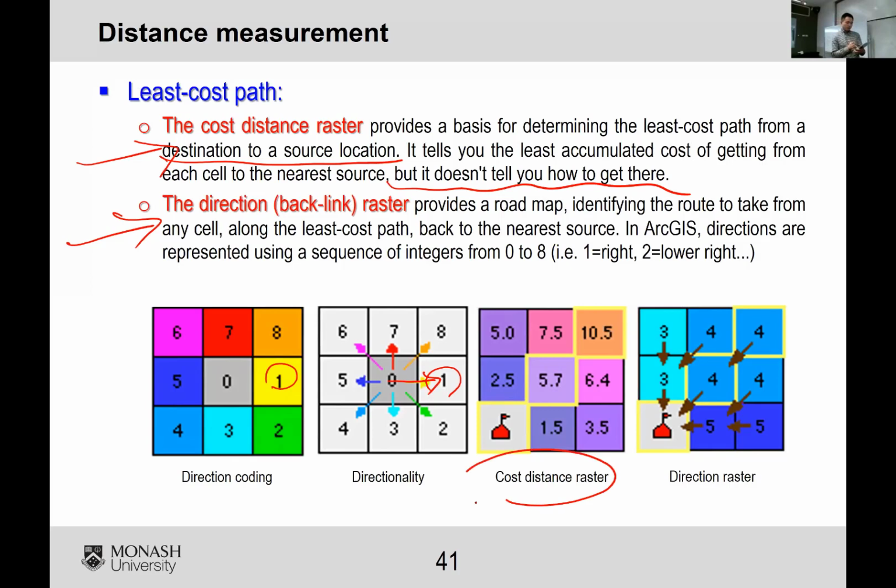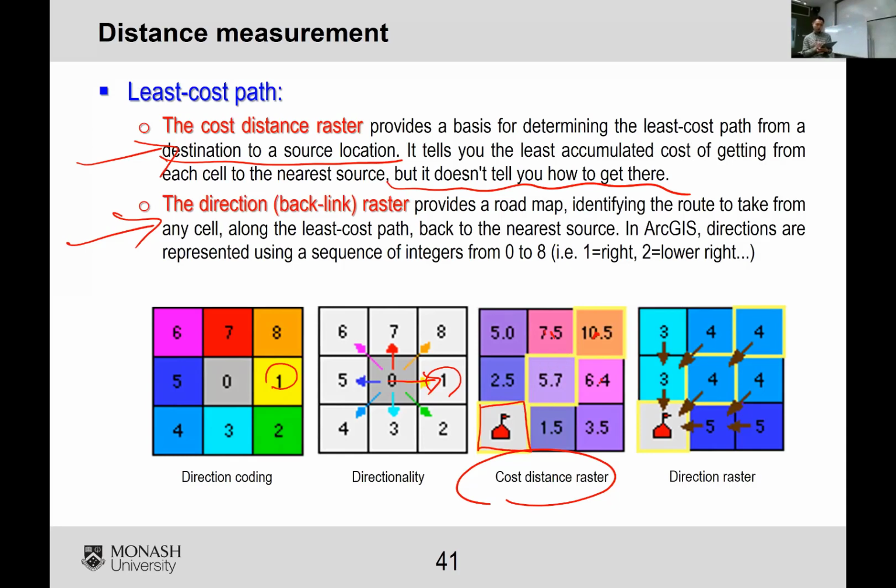So let's say now we have a very simple cost distance raster here. And on this raster, we have this lower left corner as the source. So if we travel from the cell on the upper right, which has a 10.5 cost value, then the best way or the least cost path around it with these 3 cells is the cell with a cost value of 5.7.